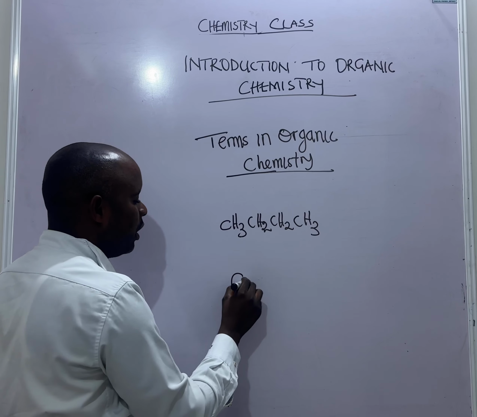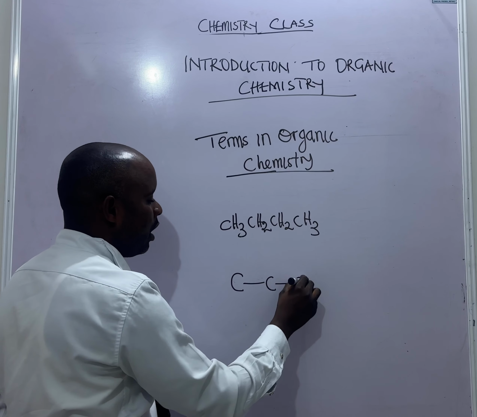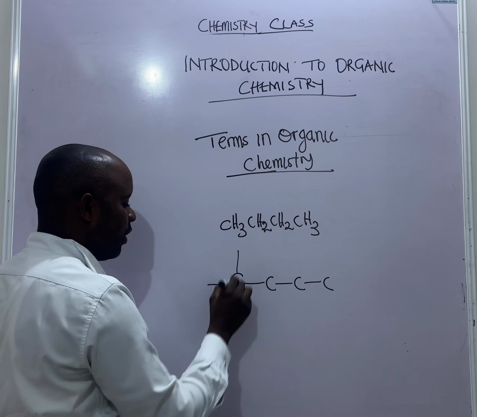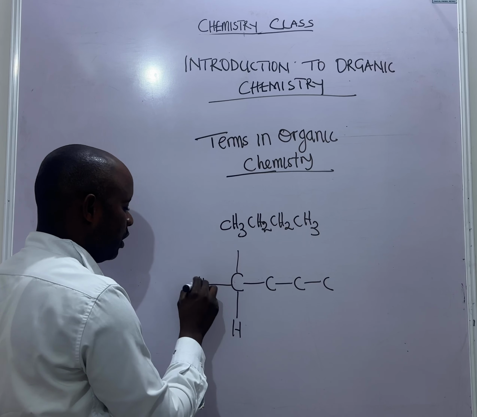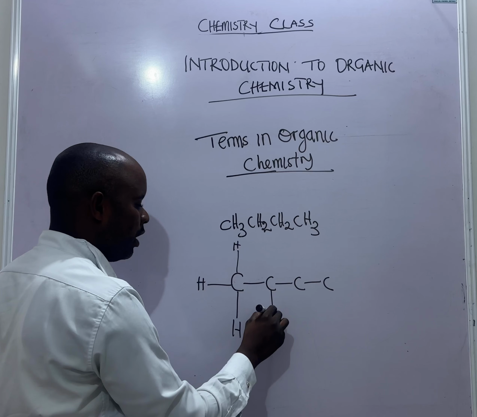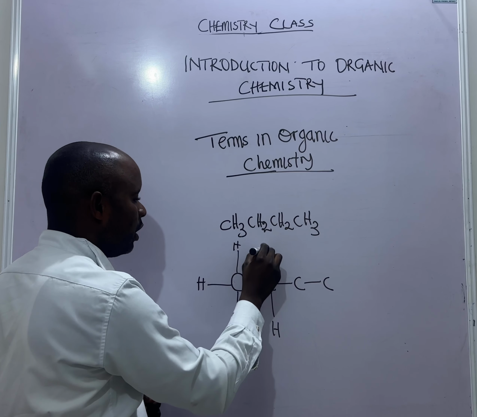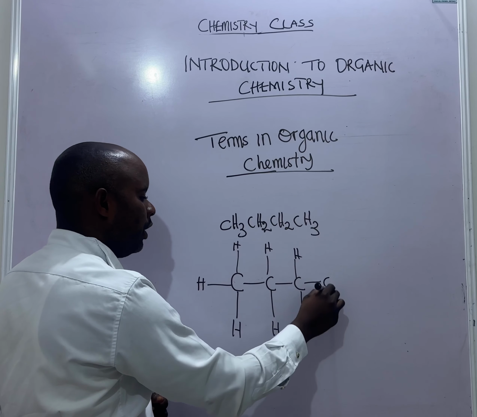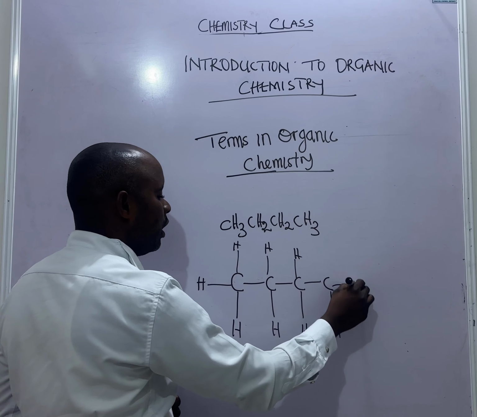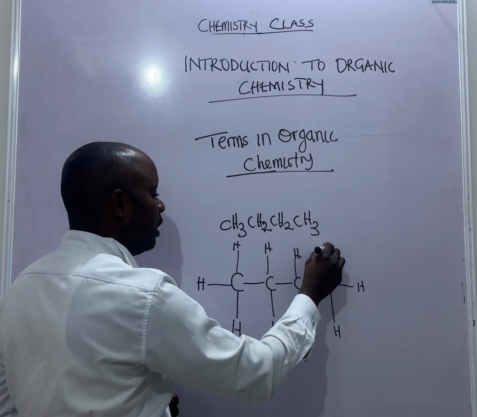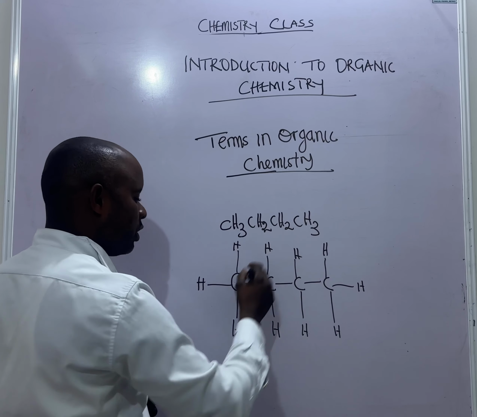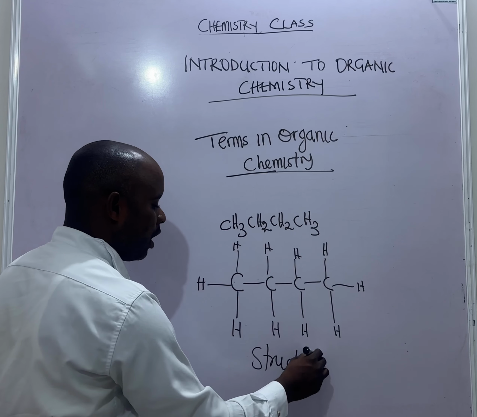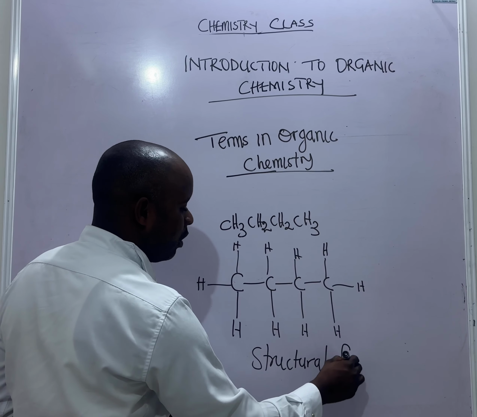We have 4 carbons. The first carbon is bonded to 3 hydrogens, the next is bonded to 2 hydrogens, and here it is bonded to 2 hydrogens. The process of showing this arrangement is the structural formula of the above molecular formula.